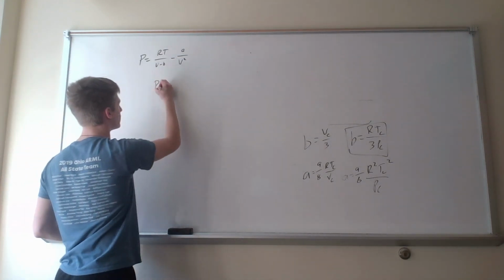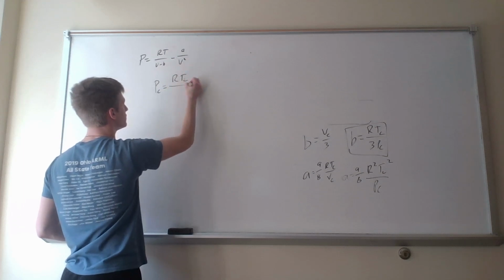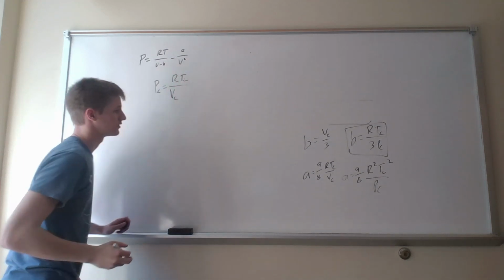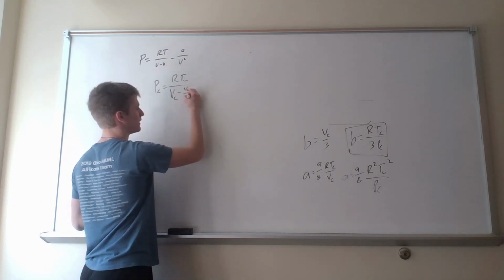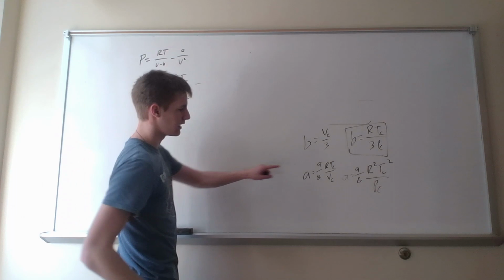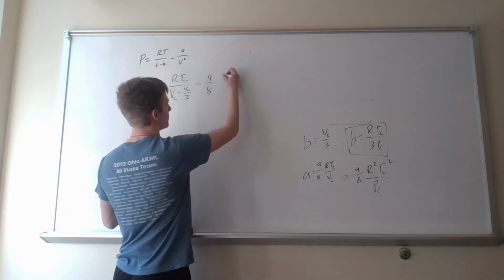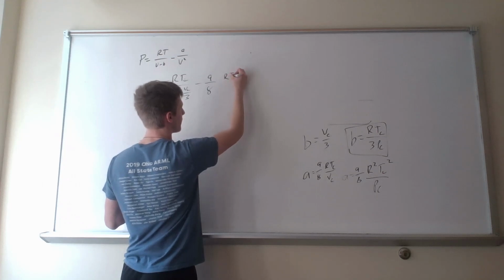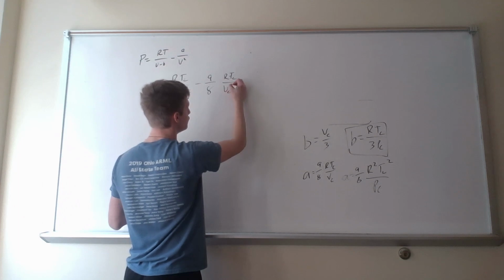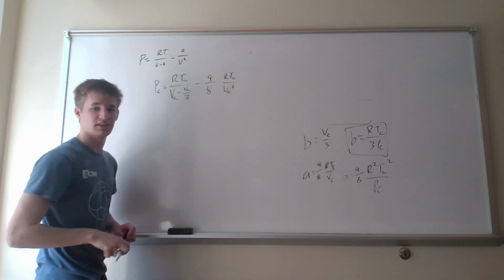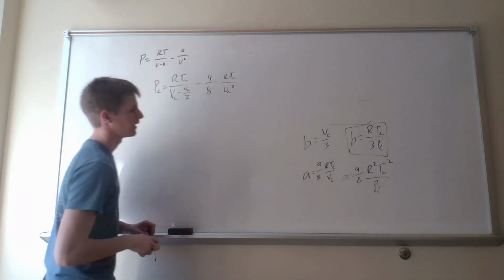We have critical pressure equals R times the critical temperature over the critical volume minus the critical volume over 3, minus A, 9/8 R times critical temperature over critical volume cubed, right? Because we have the critical volume squared and critical volume.